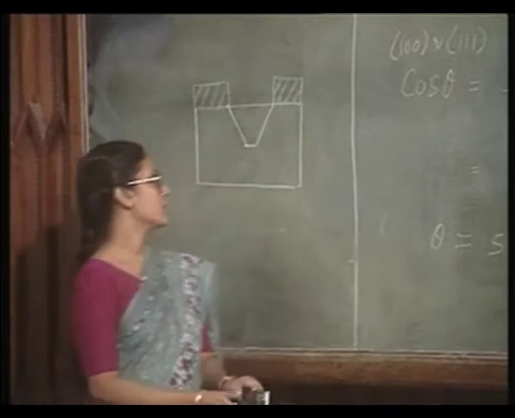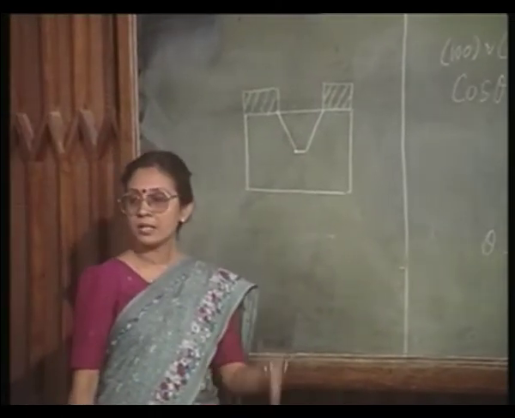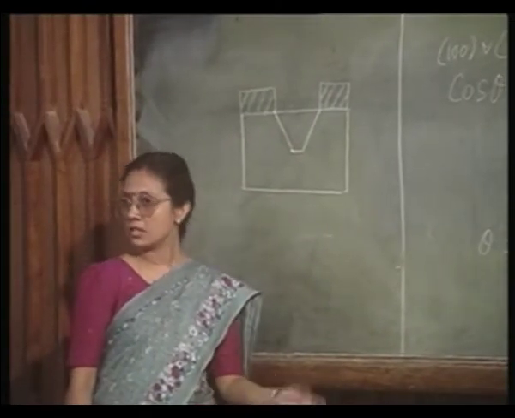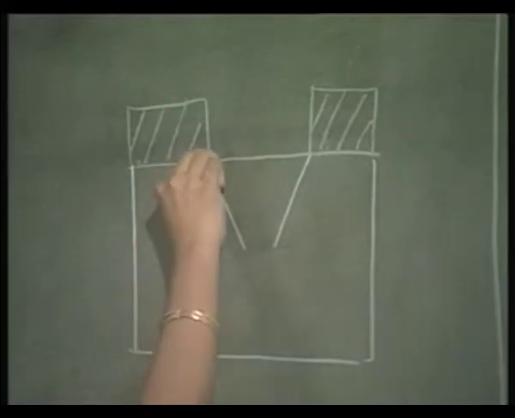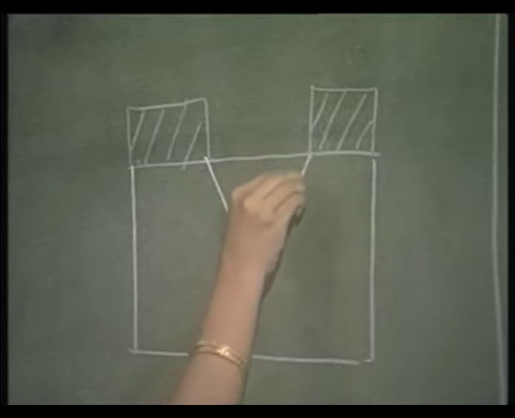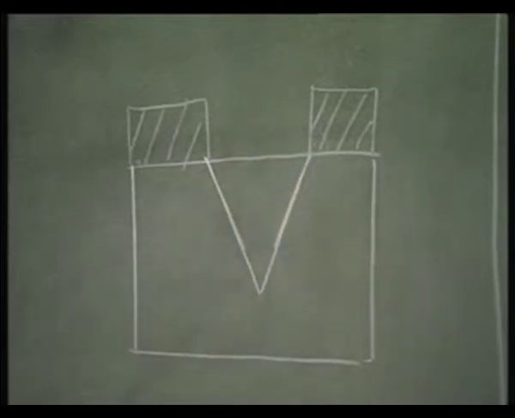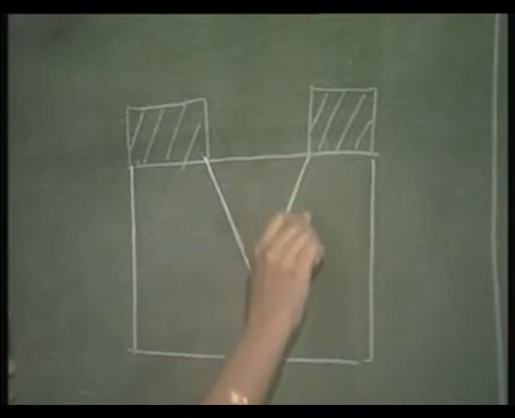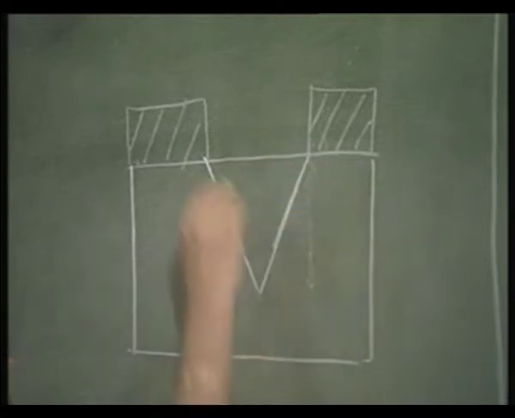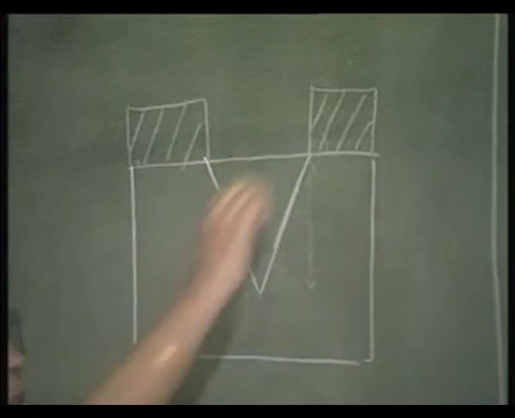First of all, if I continue the etching, finally etching cannot proceed any further, it is going to stop here, and this height will be determined by the width of the window, because you see this angle is fixed.